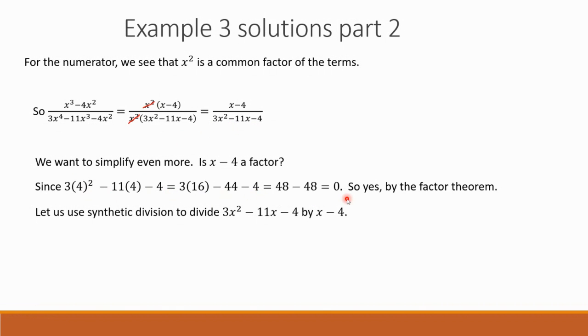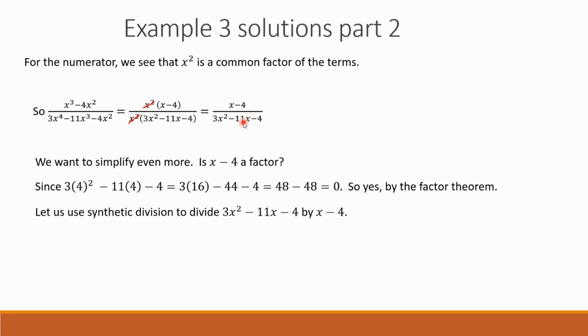Well, in the denominator, we do. If this was not 0, then we'd be done, because that tells us x minus 4 is not a factor of the denominator. By the factor theorem, though, this is 0, so the top and bottom do have a common factor of x minus 4.